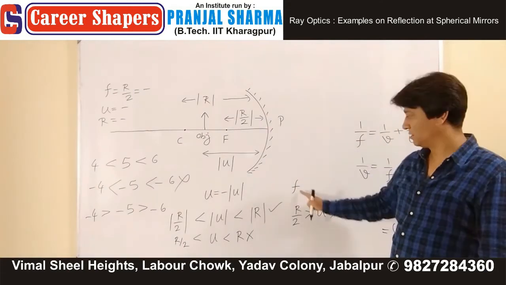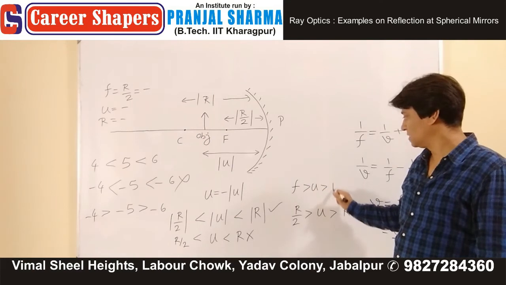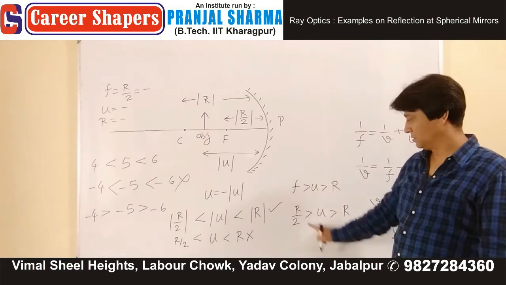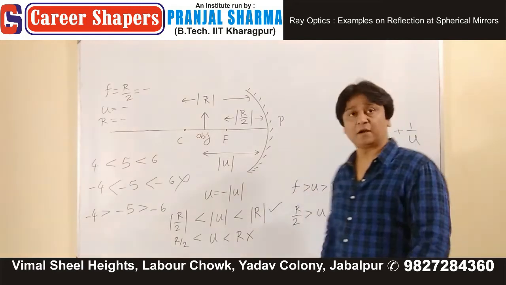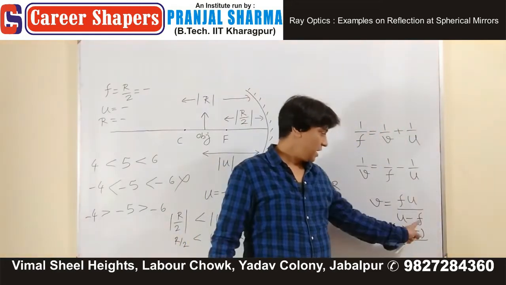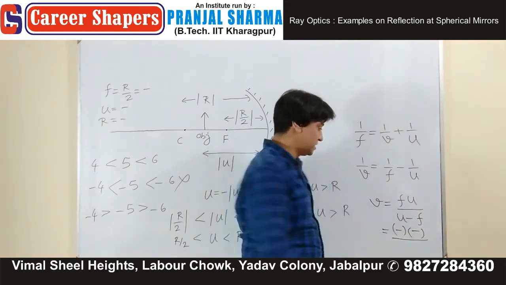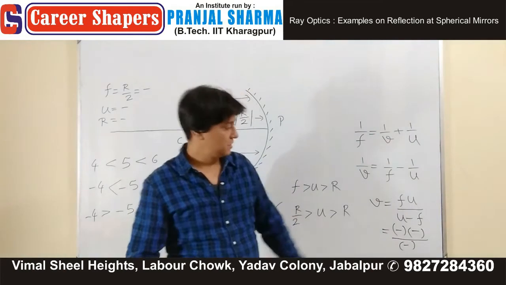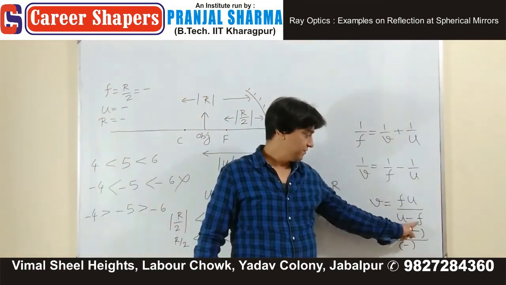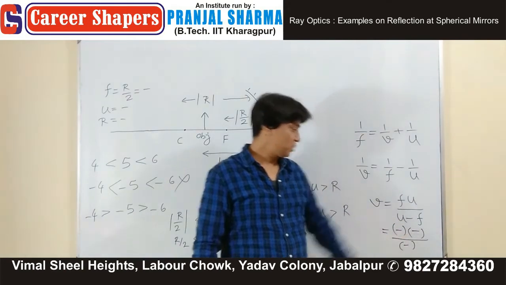f is greater than u is greater than r. Now, if you say f is greater than u, then u minus f is a negative number. F is greater than u and therefore u minus f is negative.